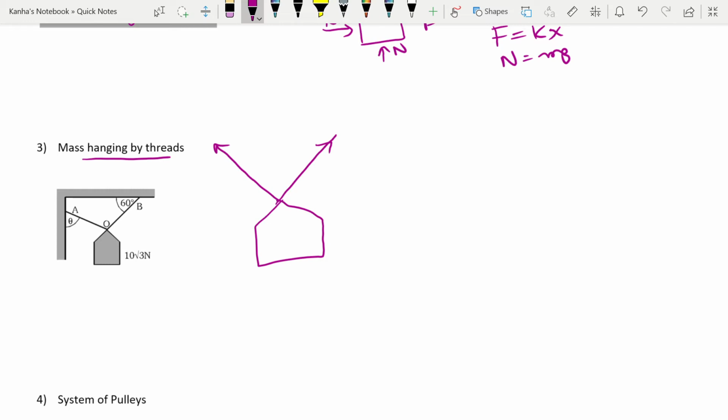So how many contacts does it have? It has 1 contact and 2, so there are only 2 contact forces. Because there is a string involved, I'll call these my tension forces. I'll call this some T2 and some tension force T1. Now let me complete this based on the diagram that is given.